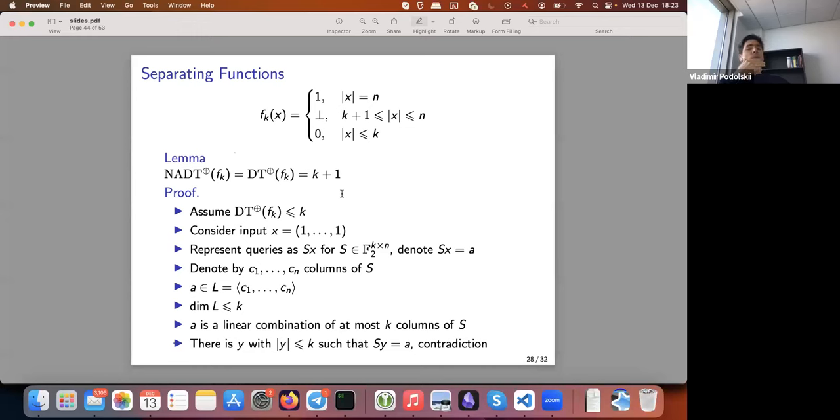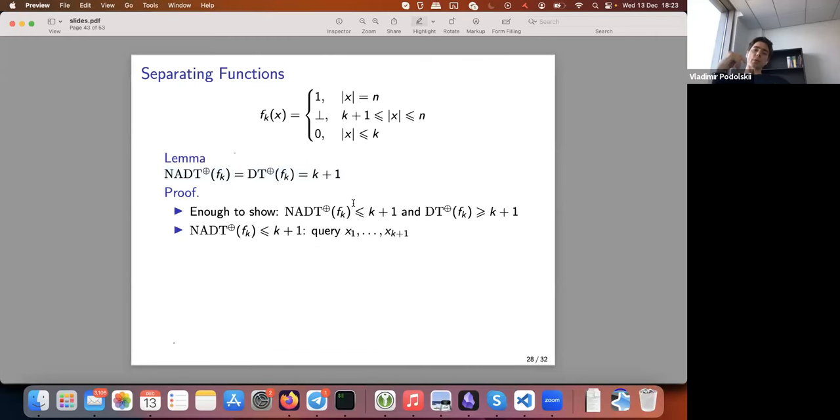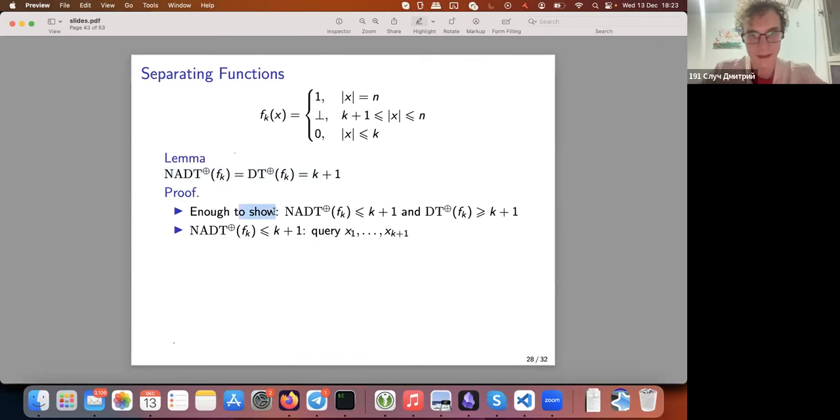Here we can get the answer in k+1 queries, and they are all ordinary queries to bits.